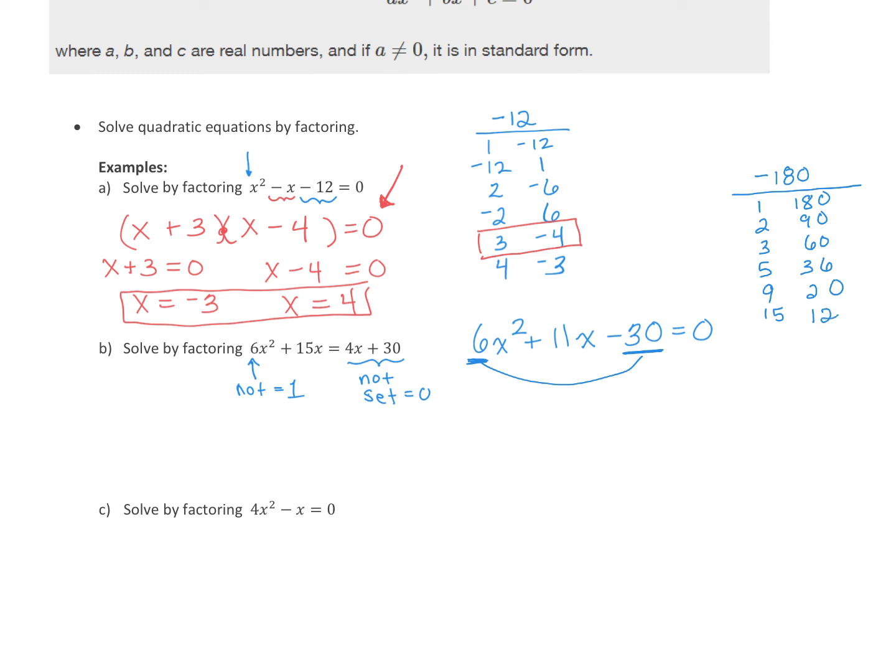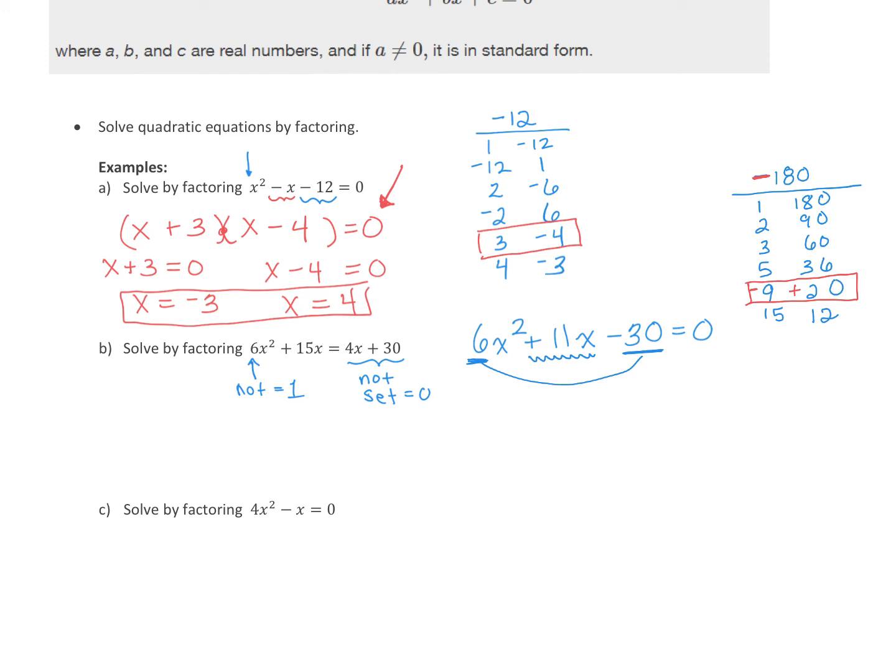So I'm looking for 2 numbers in that list that will add to 11. Remember that because we're multiplying to a negative value here, one of those has to be negative. And I think you can see that with 9 and 20, if you have a -9 and a +20, you'll get that 11.